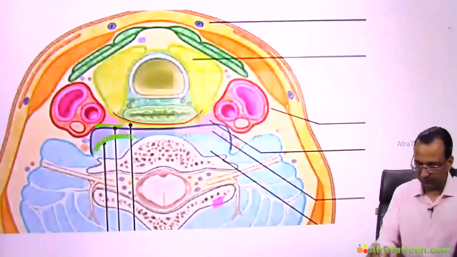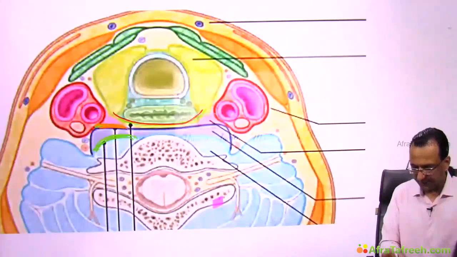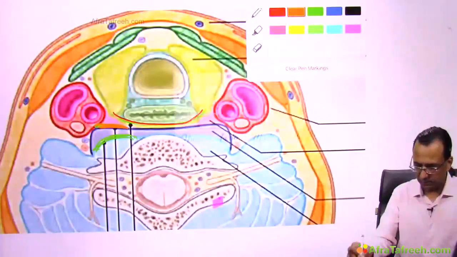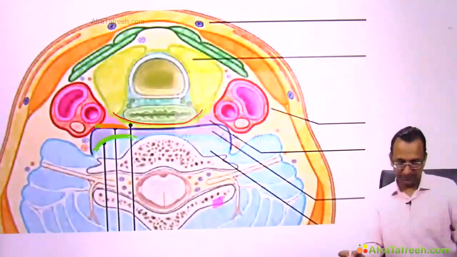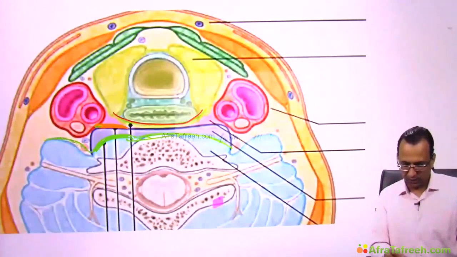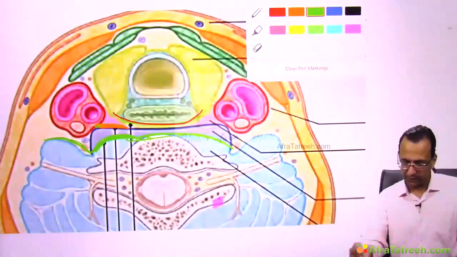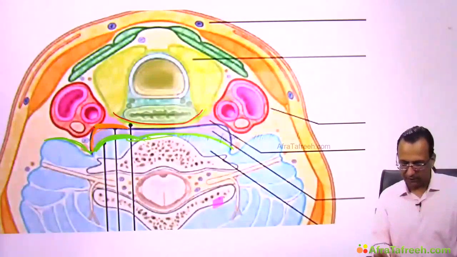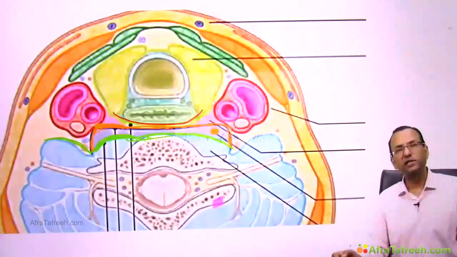So that is buccopharyngeal, and this is the alar, and this is the prevertebral fascia. You see, this is prevertebral, and it is now splitting, and because it is splitting, it is forming the alar fascia. I think the space between the 2 is the danger space. Yes, correct.